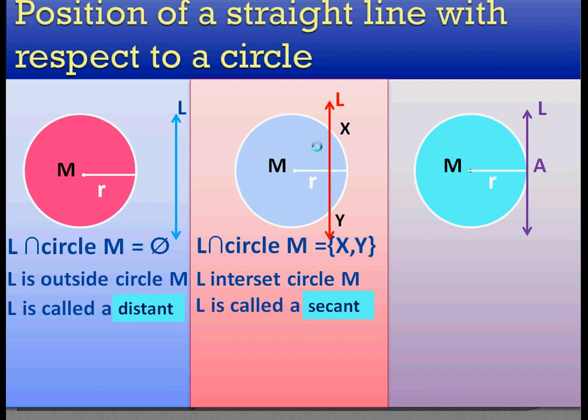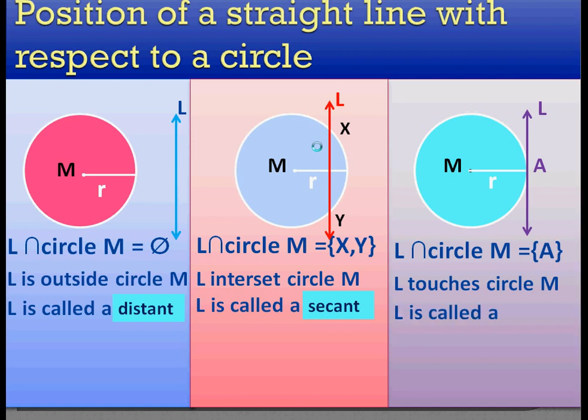In the third case, the straight line intersects the circle M at the point A. So we can say that the straight line touches the circle. The touching point between the straight line and the circle is A. So we can say that L is called a tangent to the circle. So I have 3 basic concepts: the distant, the secant, the tangent.